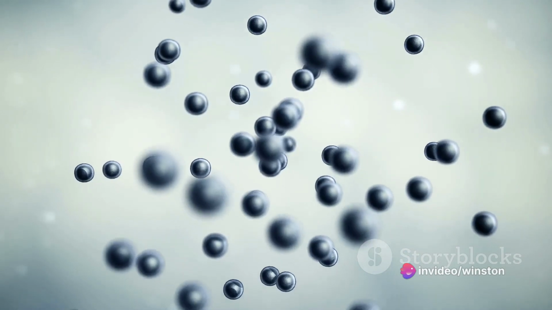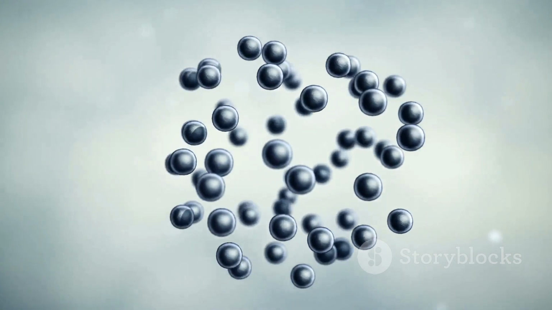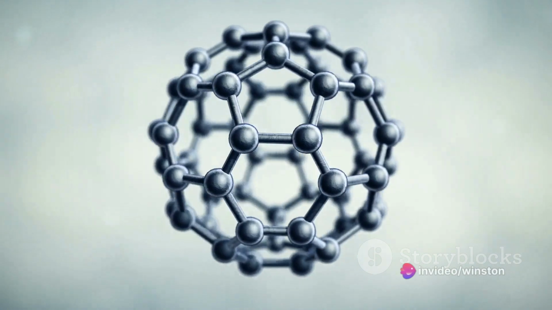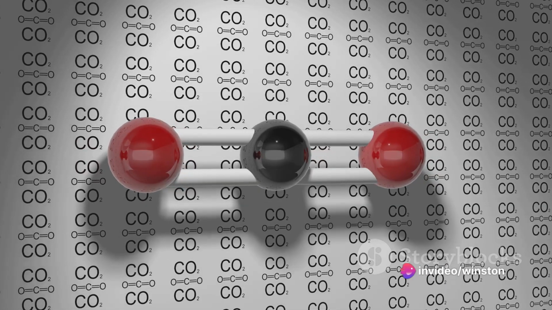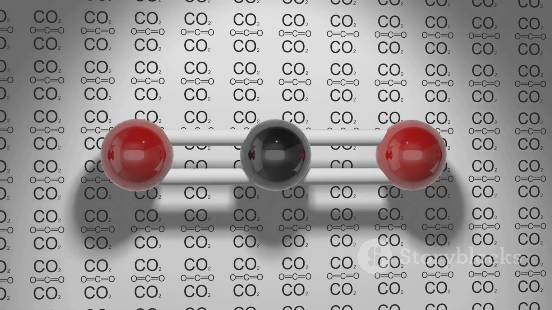This gives the mole a special role in chemistry. It's the bridge that allows us to walk from the world of atoms, which we can't see or touch, to the tangible macroscopic world we navigate every day. For instance, 1 mole of carbon atoms weighs about 12 grams, which is something we can measure on a scale.